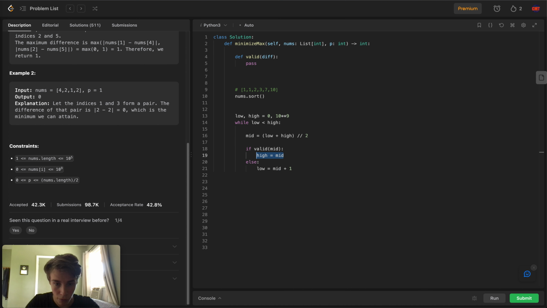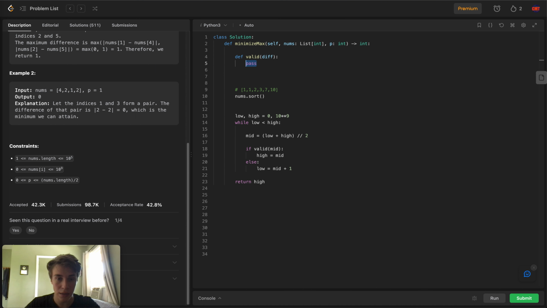We're going to try to converge on this high right here. Return high. Okay, now that we have a binary search over the potential solutions, which we know is going to be from 0 to 10 to the power of 9, let's see what the implementation is for valid.